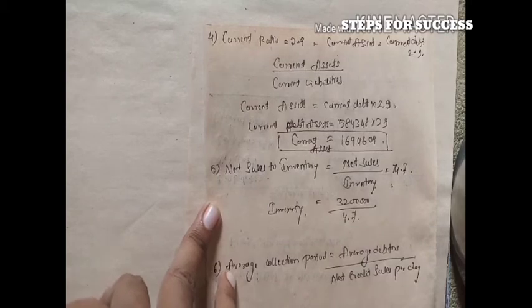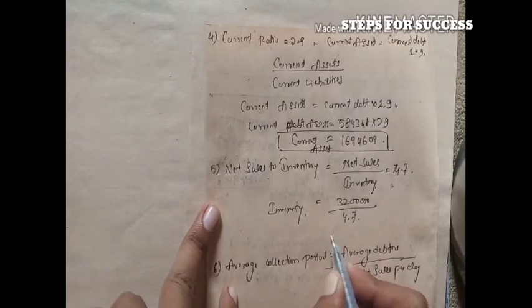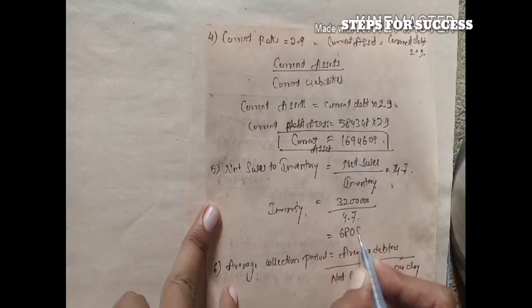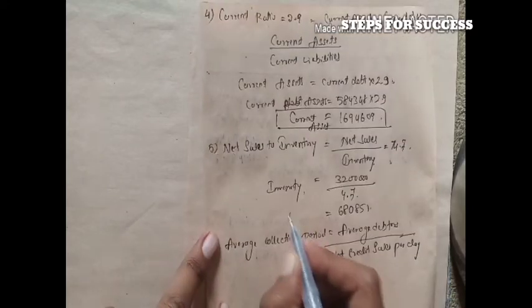So 32 lakh upon 4.7 is 6,80,851. This is our inventory.